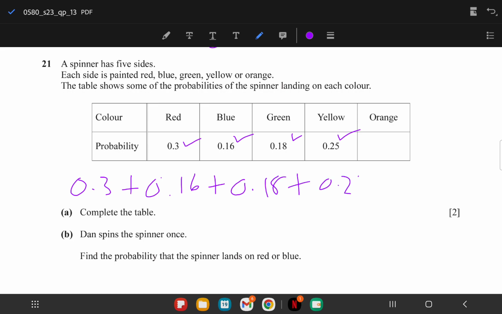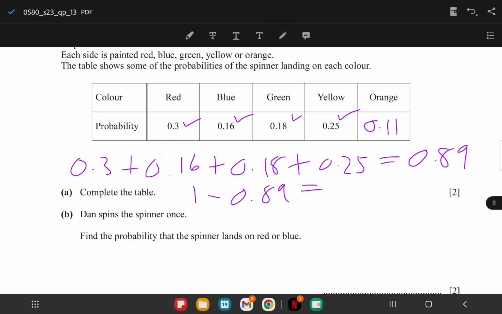And because our probability exists between 0 and 1, we say 1 minus 0.89, and that will give us 0.11. That's the probability of having an orange color on the spinner.